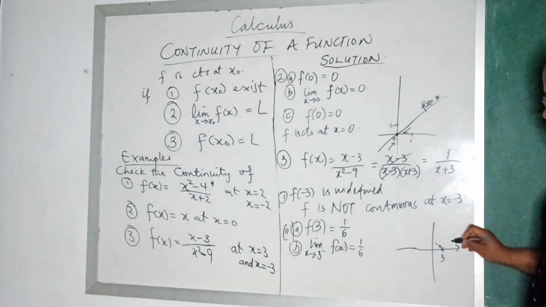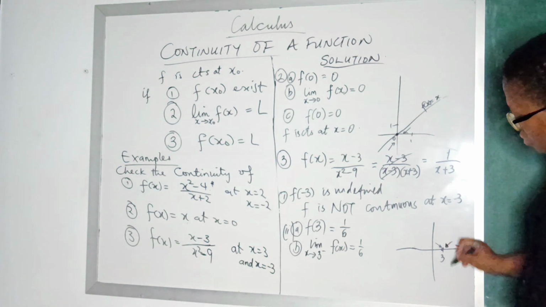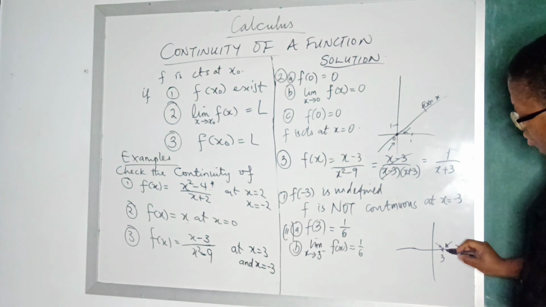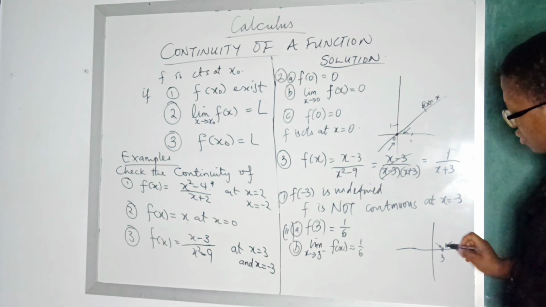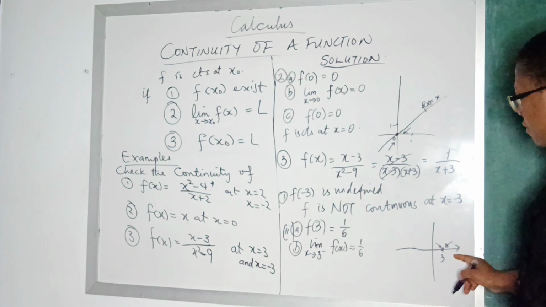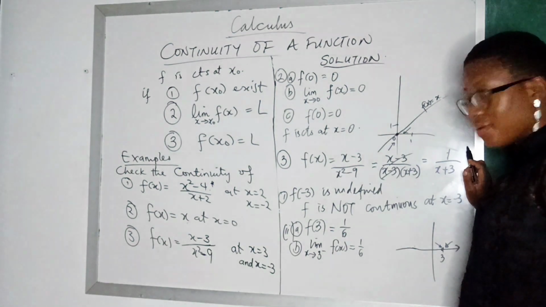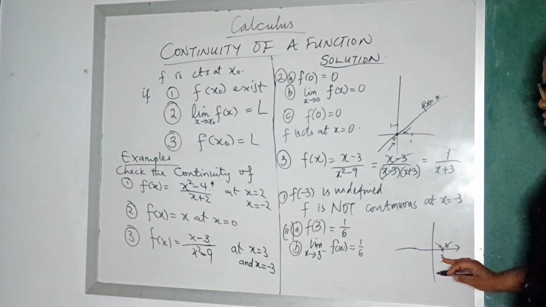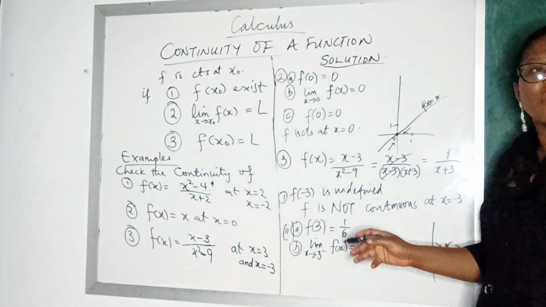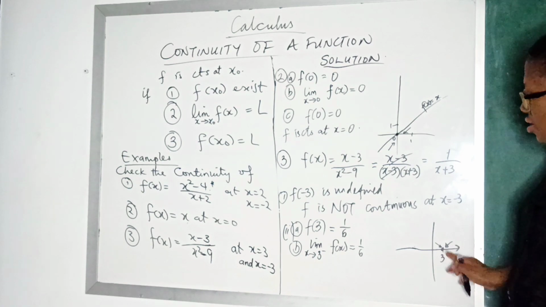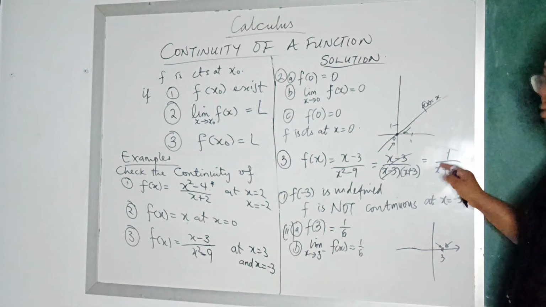Next, we check from the right hand side. From the right hand side, we take points like 3.00001. The closer it gets to 3, it still goes to 1/6.